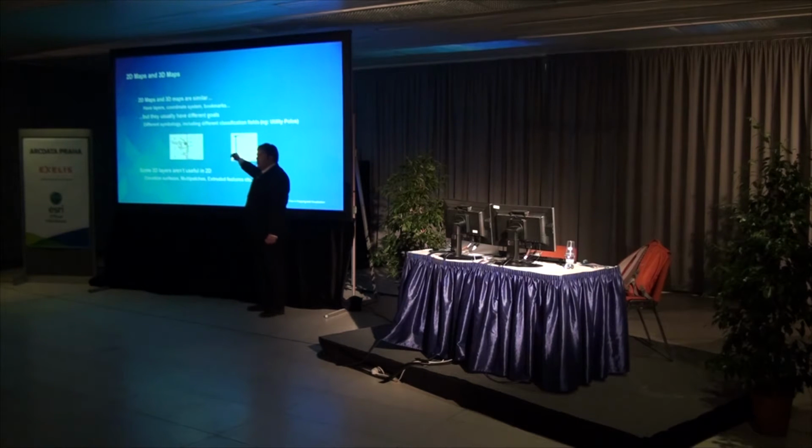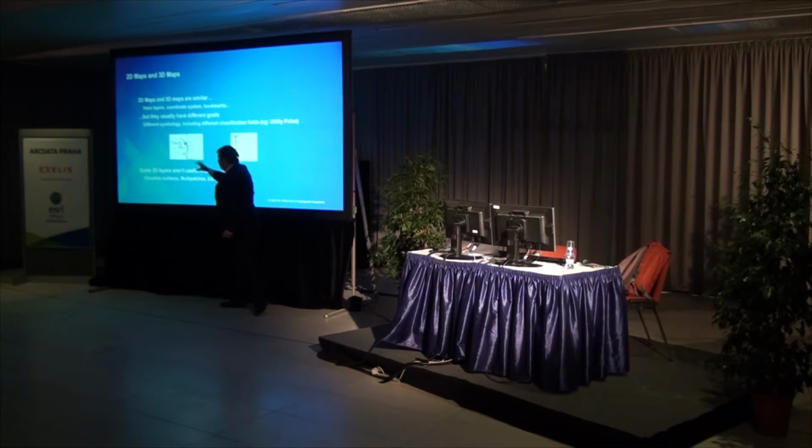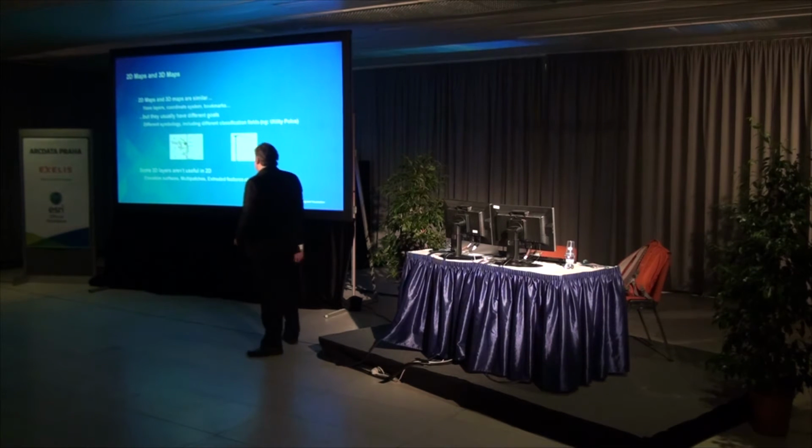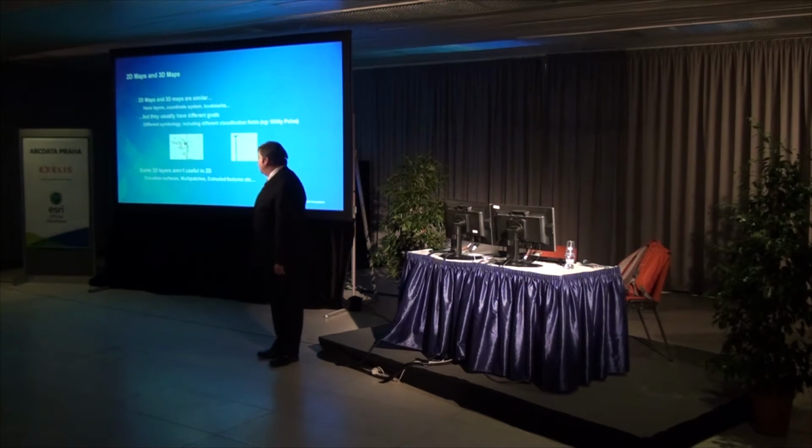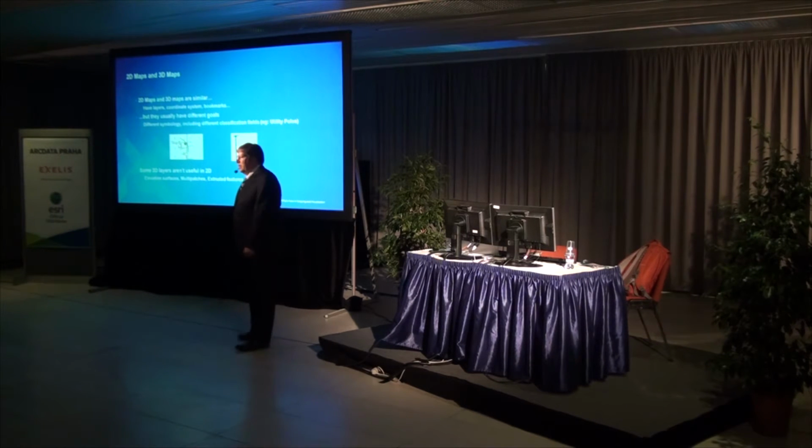Whereas in 3D, I just looked at that and I knew it was a power pole. I didn't need a legend or a reason to explain that. It just visually looks like a power pole. These are some of the differences between 2D and 3D. You don't necessarily need to represent them the same way, and you quite often don't. Oftentimes you're letting the visualization in 3D tell you what it is.